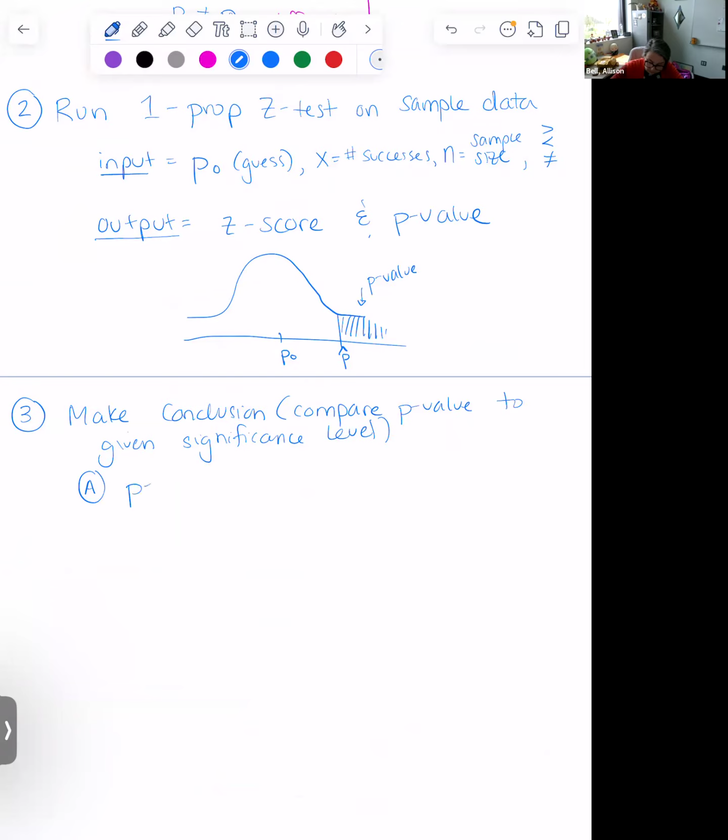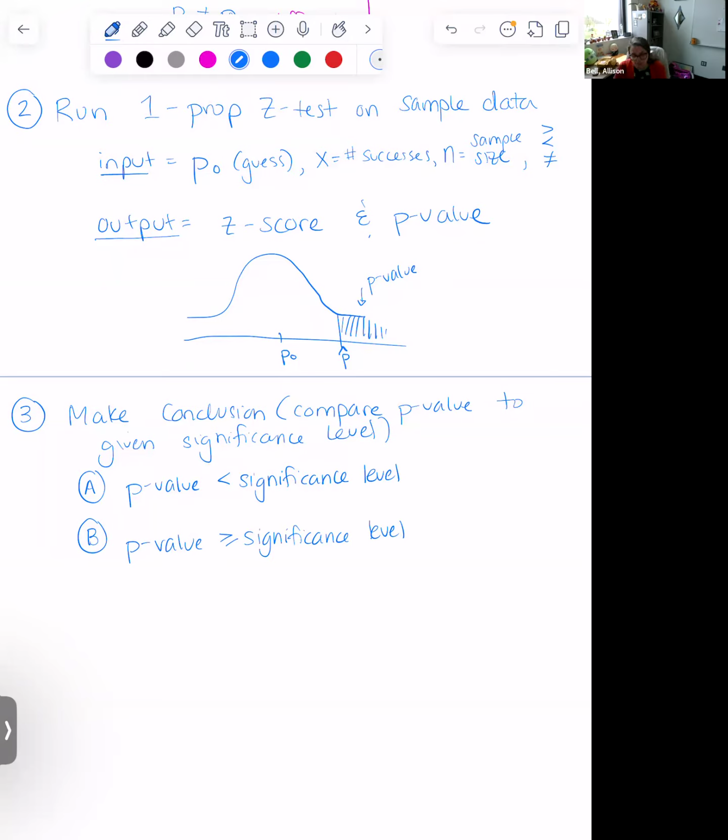Either A, the p-value is smaller than the significance level, or B, the p-value is greater than or equal to the significance level.